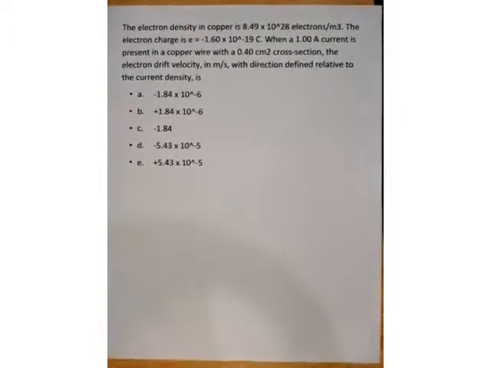Okay, the electron density in copper is 8.49 times 10 to the 28 electrons per cubic meter.